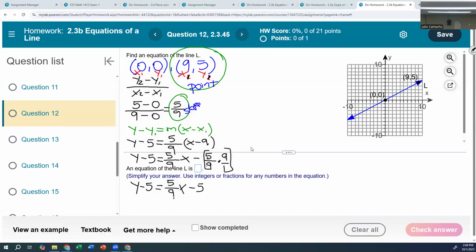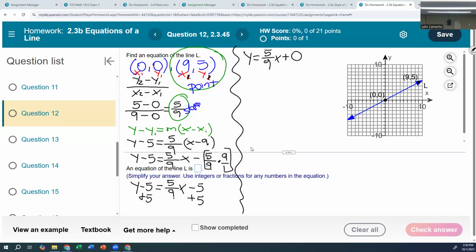And then you need to add 5 to both sides, because on the left side you only need to have a y. So you add 5 to both sides, and your final answer will be y is equal to 5 over 9x, that is your slope, and you have a positive 5 and a negative 5. That will be a plus 0.